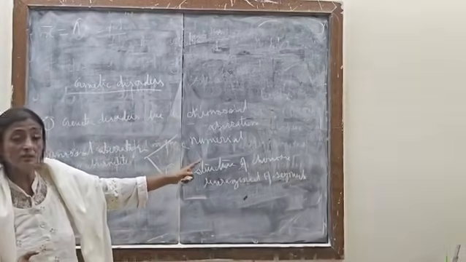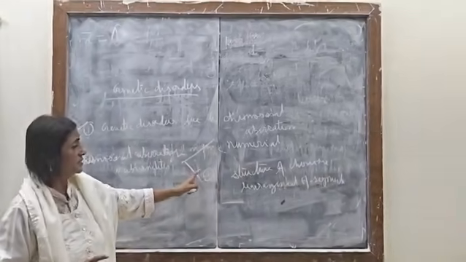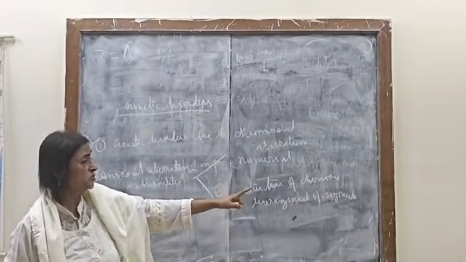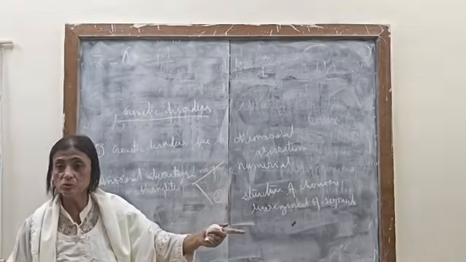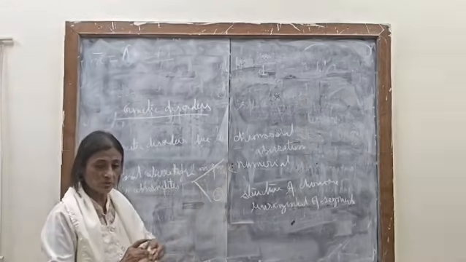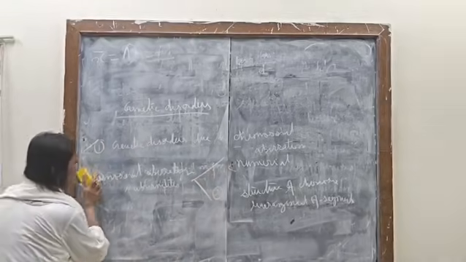Two types: numerical chromosomal aberration, and change in the structure of chromosome due to the rearrangement of the chromosomal segment. Now, moving to the first.